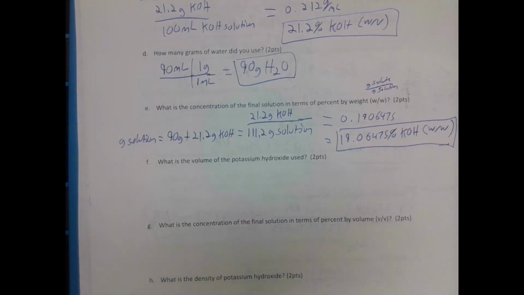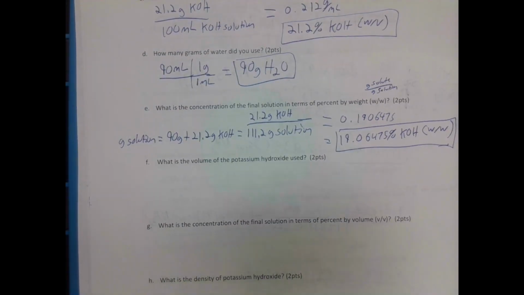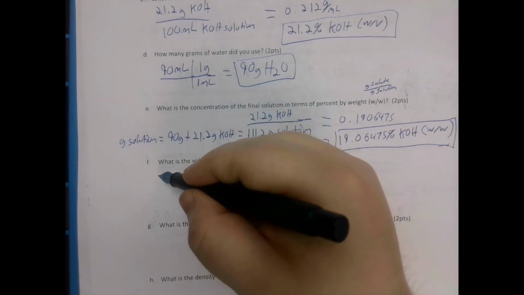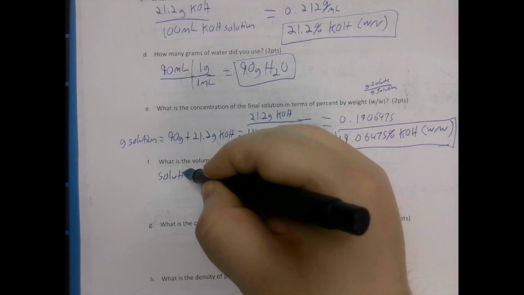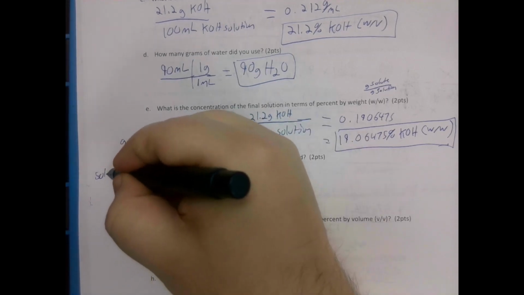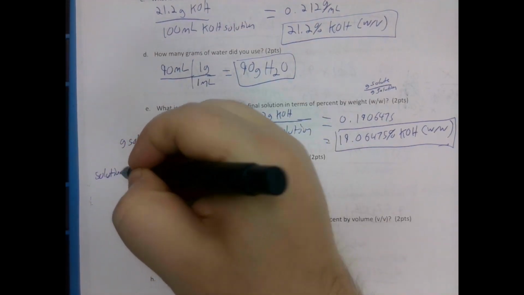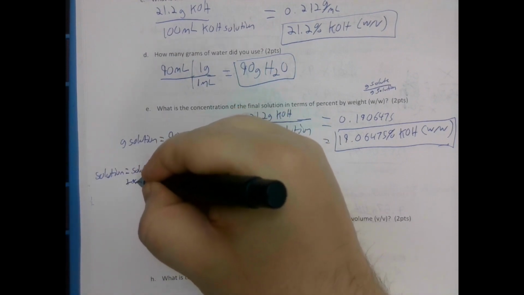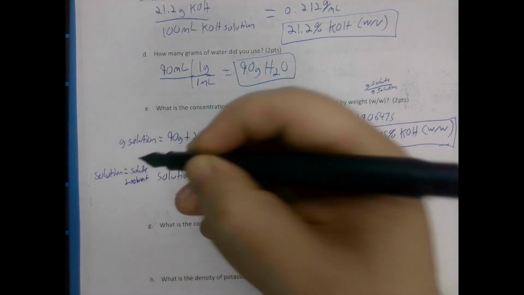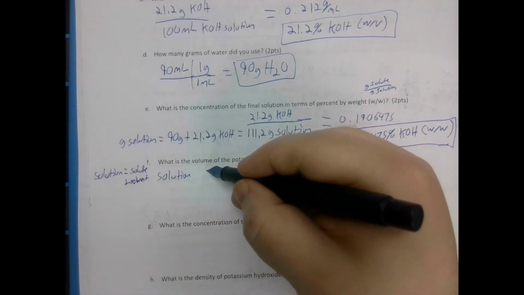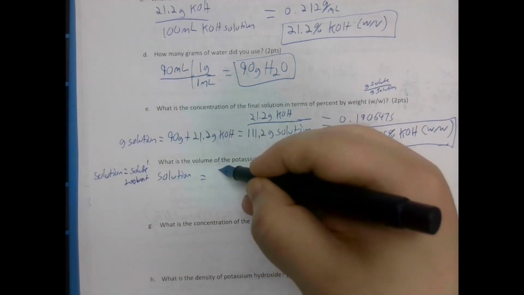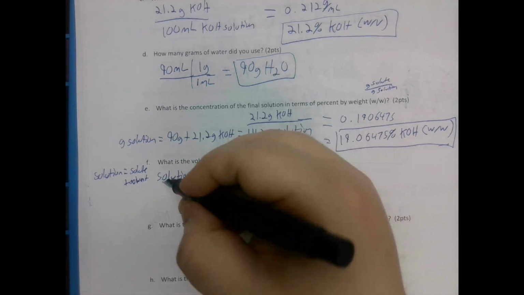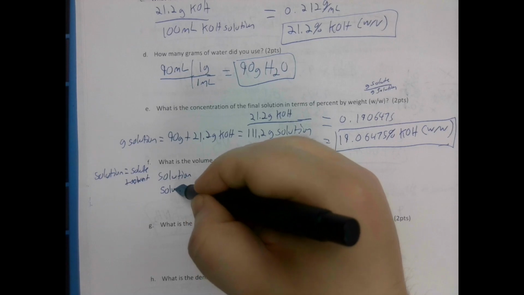What is the volume of potassium hydroxide used? Well, I know the final solution. A solution is made up of two parts. The solution is your solute plus your solvent. So my solution has a total volume of 100 milliliters. And my solvent is water.